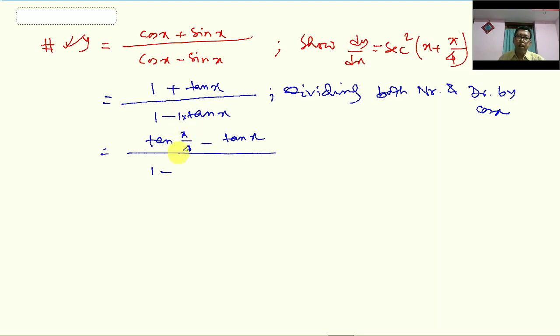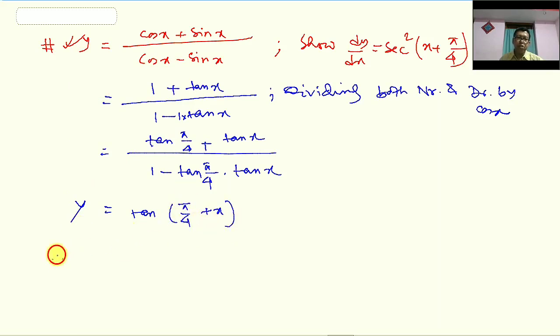So earlier we found this formula: tan a plus tan b divided by 1 minus tan a tan b is equal to tan of a plus b. So this is your y. y is equal to tan of pi by 4 plus x.